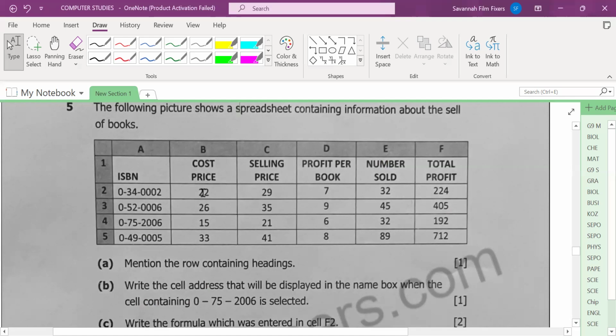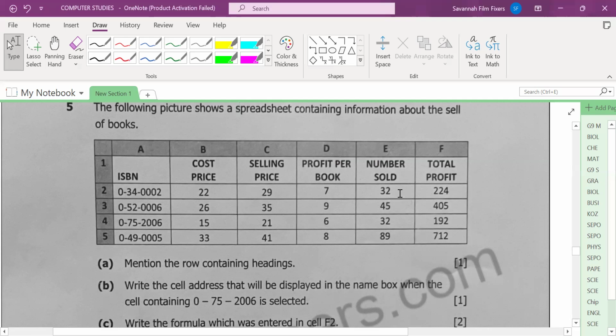This one here has a cost price of 22 kwacha, and you are selling it at 29 kwacha. The profit per book is 7 kwacha, and the number sold is 32, so we made a total profit of 224 kwacha on this book.